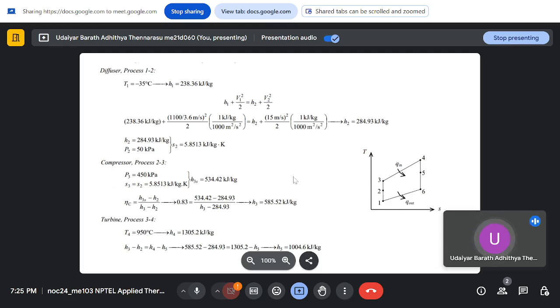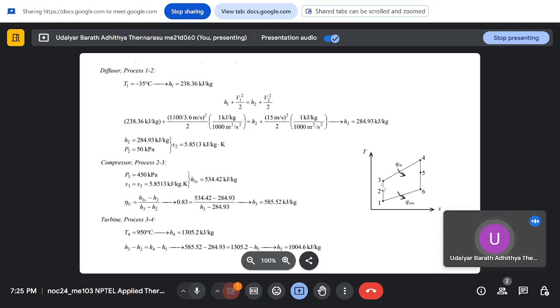Now the compressor process 2 to 3. P3 is 450 kilopascal, and assuming it's an isentropic process, the ideal enthalpy is 534.42 kilojoule per kg.